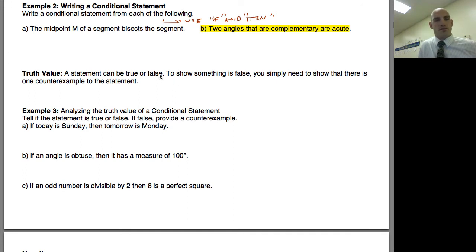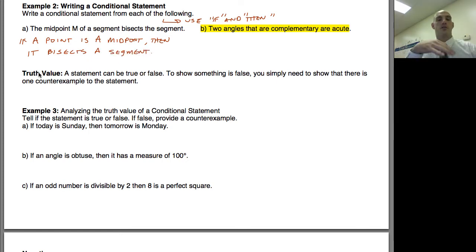So there's a couple of different ways we can do this. We have to pick a part that's if. So if a point is a midpoint, then it bisects a segment.